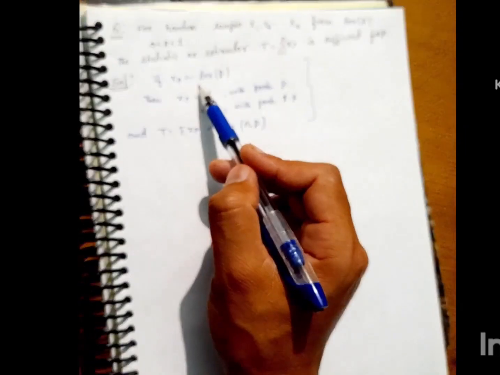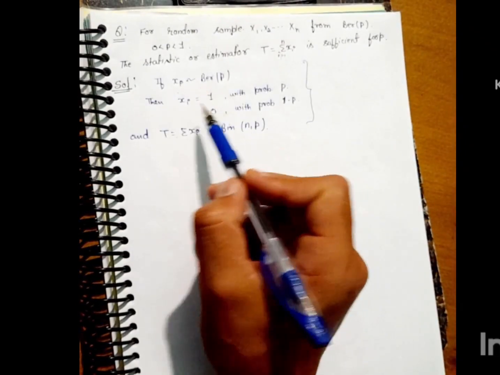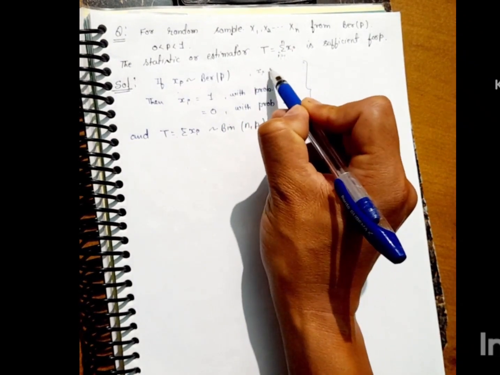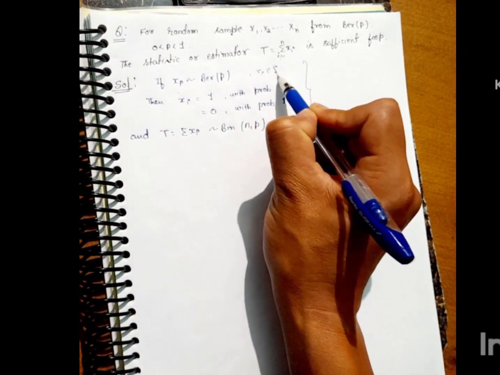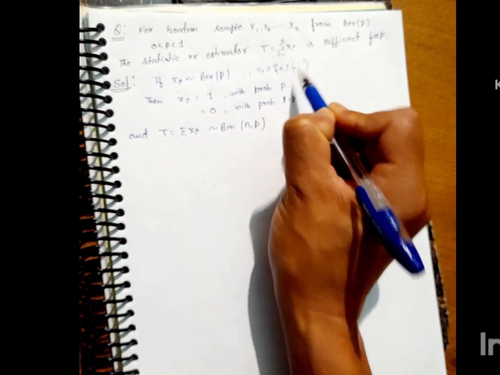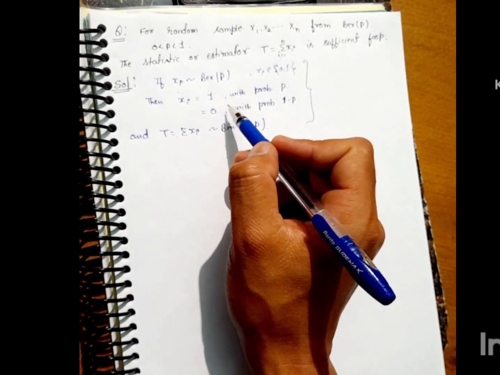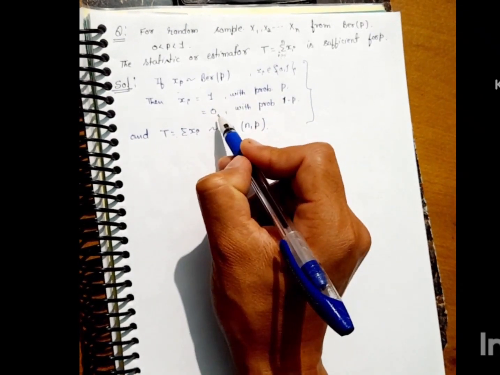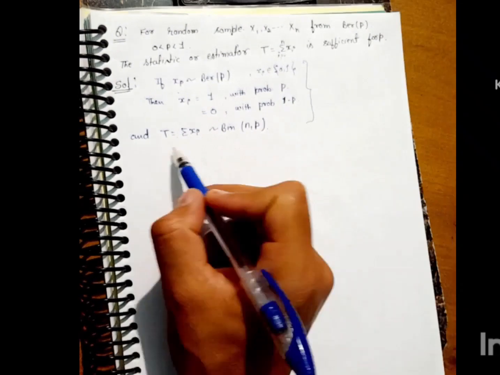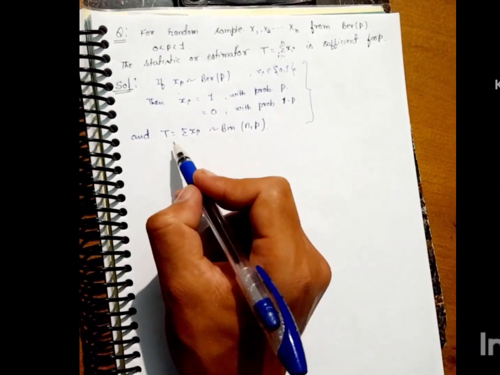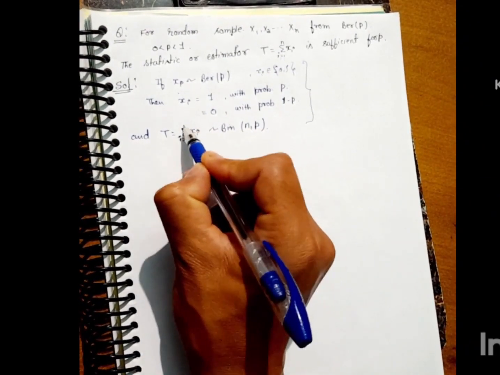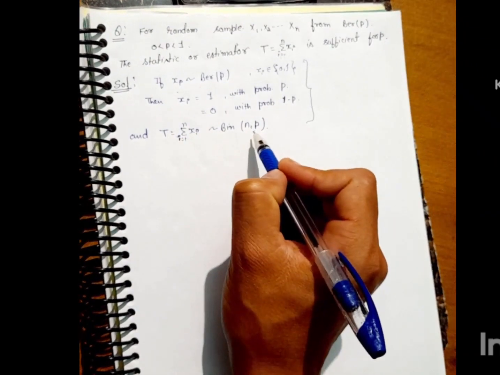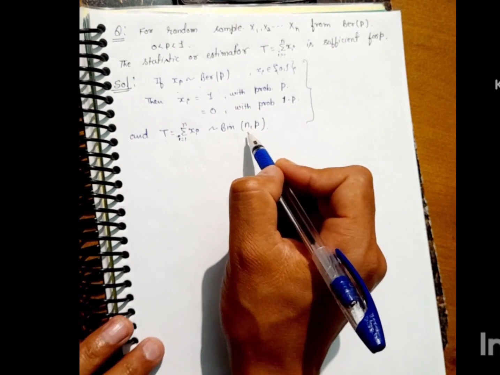If Xi are from a Bernoulli population, then Xi takes two values, 0 and 1. When it takes value 1, its probability is P. If it takes value 0, its probability is 1 minus P. This is another important result: the sum of n Bernoulli variates represents a binomial distribution with parameters n and p.